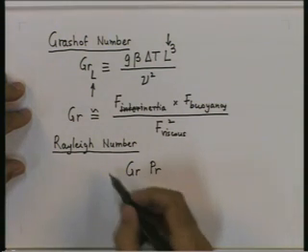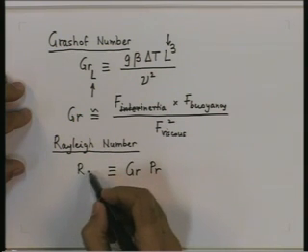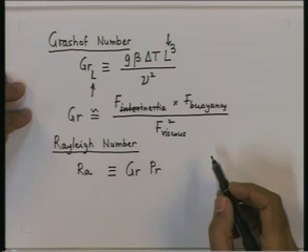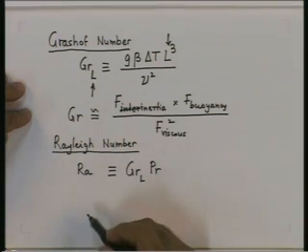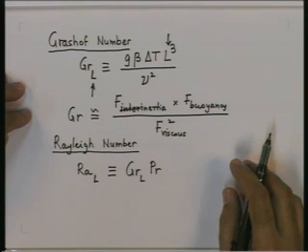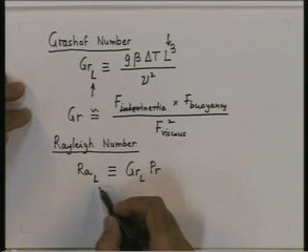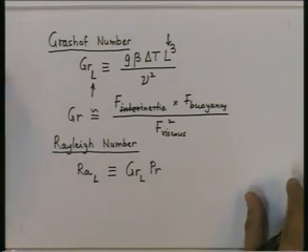This product is so common that we define it as the Rayleigh number, symbol Ra. And again, if the Grashof number is based on a certain characteristic length L, we base the Rayleigh number also on the same characteristic length L, and we will find that the Rayleigh number has a subscript L quite often associated with it, indicating that it is based on a particular characteristic length.